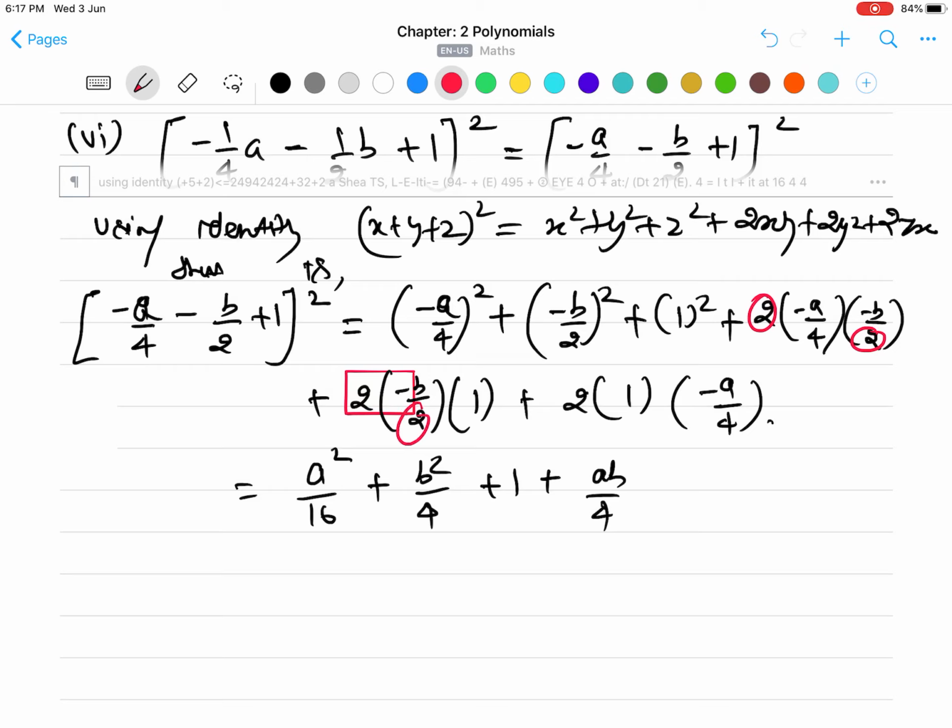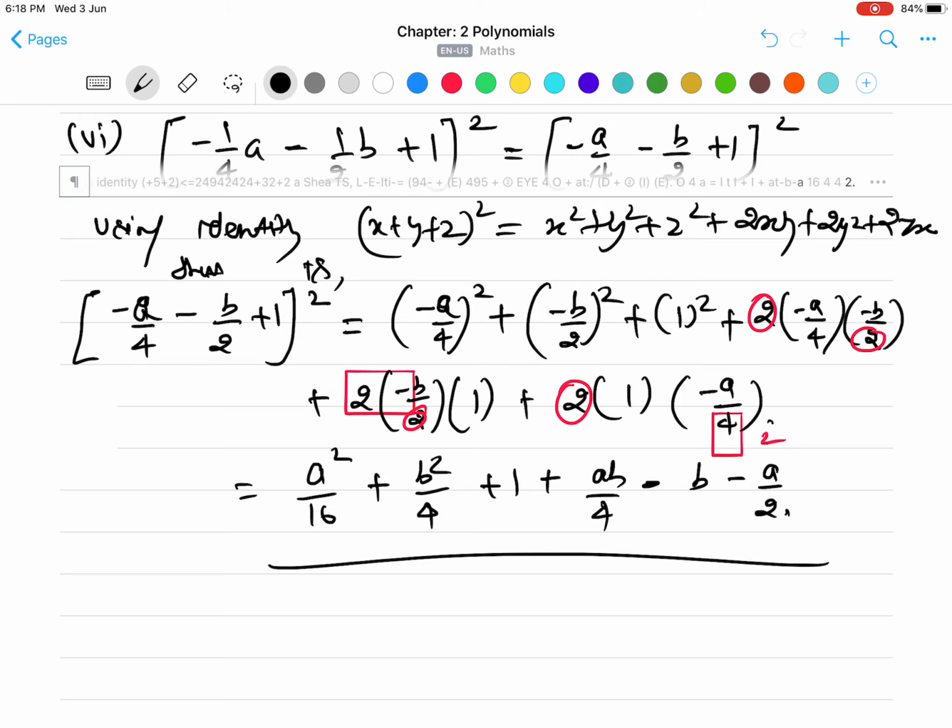Here also this 2 will be cancelled by the 2, so we'll remain with -b. Then again this 2 will give us 2 here, so this will be -a by 2. So this is the solution of part number 6 of question number 4.